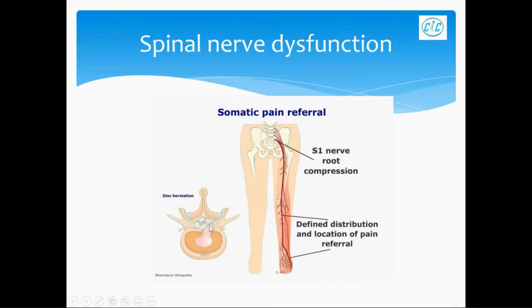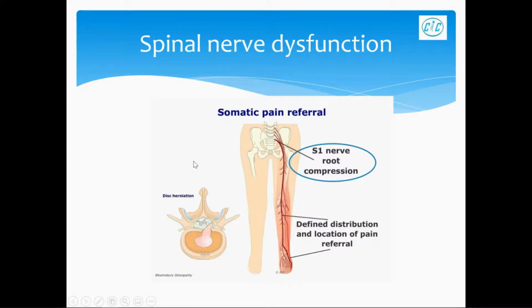If this penetration goes back into the side, which is called posterolateral, it can irritate this spinal nerve. In this case, it would be S1 right here that is irritated, and the patient can feel it not only in the back of the thigh, it reaches to the foot and to the side of the foot.